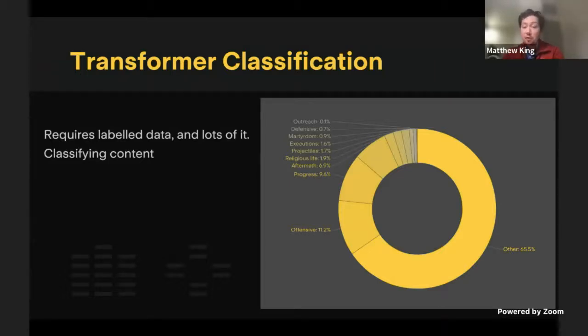Another is transformer classification, which is, I suppose, a little bit more technically complex, but brings with it complexities in terms of actually how we build it. And as was referenced in some of the previous presentations, how we cope with labeling data.